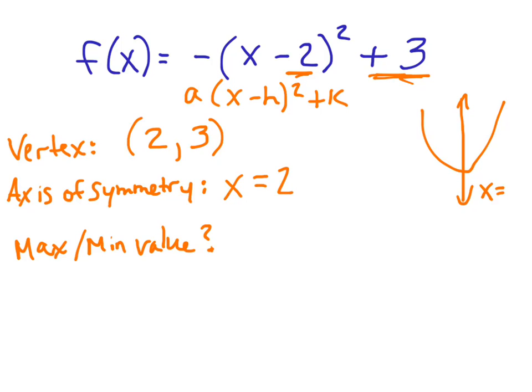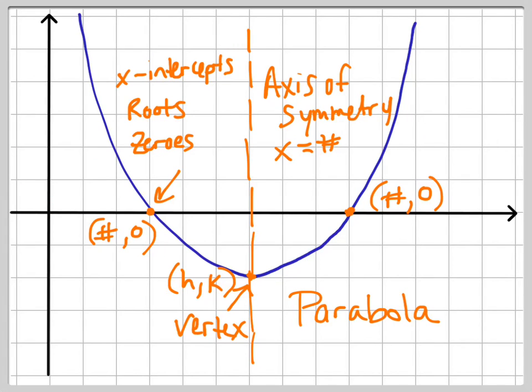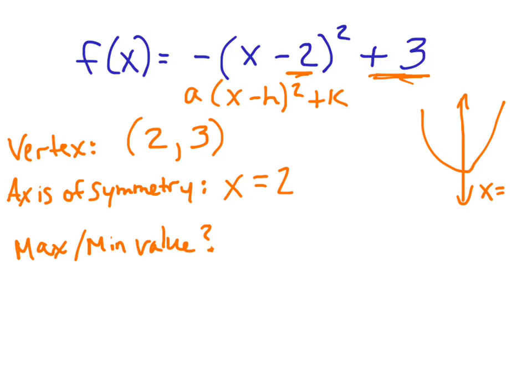Alright, another key feature of quadratic functions is the fact that they always have a maximum or a minimum value. So for a parabola that opens up, it would have a minimum value. If your parabola opened down, then it would have a maximum value. Okay, so in this case, we would need to know, is this a maximum or a minimum? And remember that you can tell this from the equation by if the first term is negative or positive.